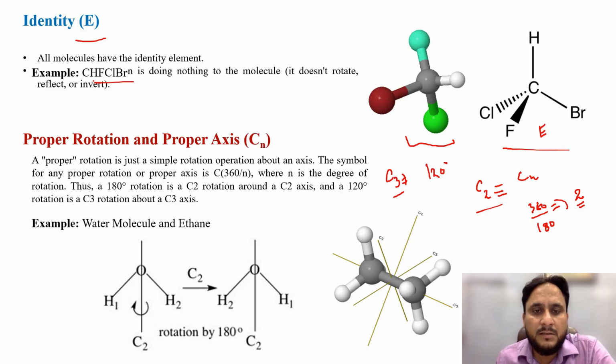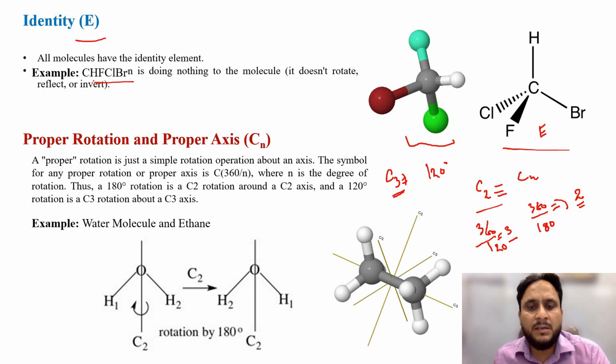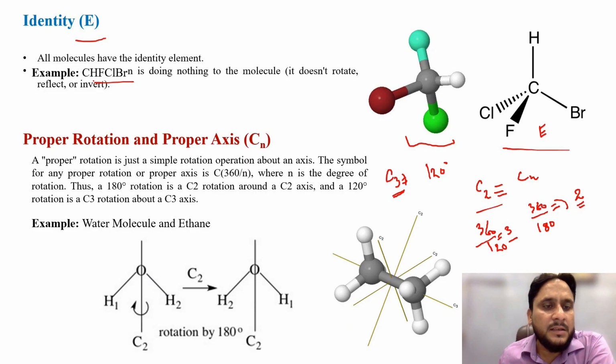And as we did for the C2 axis, we can do it for the C3 axis as well: 360 divided by 120 degrees, and the answer is 3. So instead of Cn we write C3 axis. So a C3 axis means that by rotating through that axis by an angle of 120 degrees, we obtain the same molecule. Now let us see a few examples.